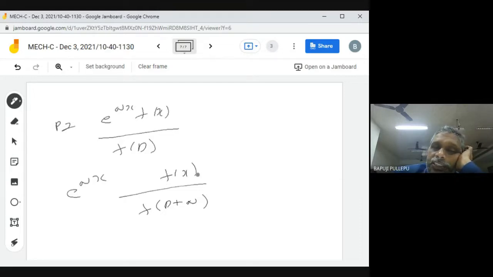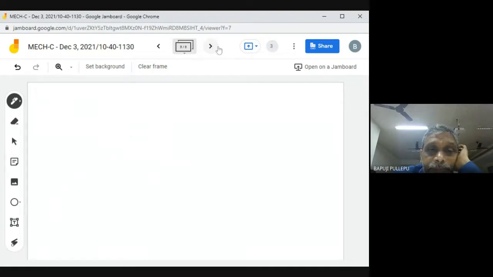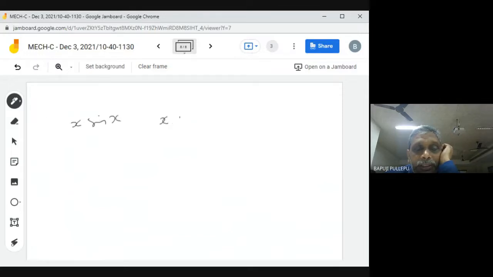Now as usual, sine or cos means D square, polynomial means 1 plus f of D. And there is another very, very important formula. Suppose a special case, x into sin x, x power 1, or x into cos x. This you can write as x into f of x, you can take by f of D. This is how we will do it.